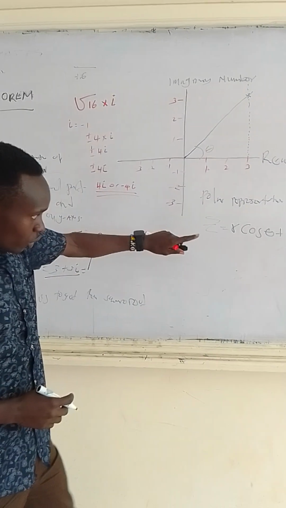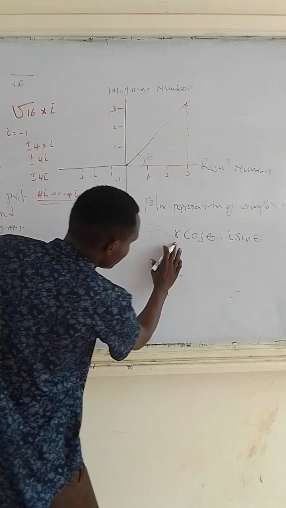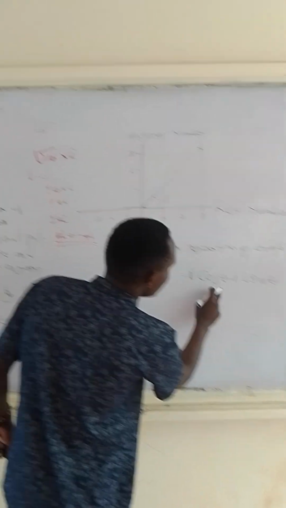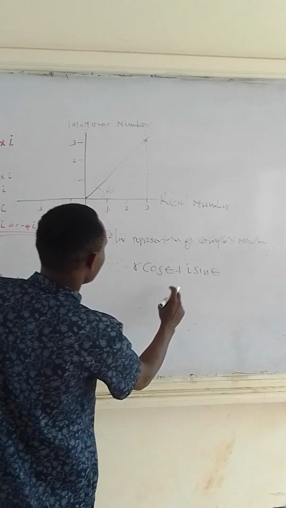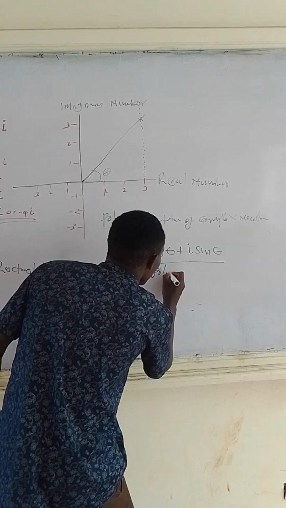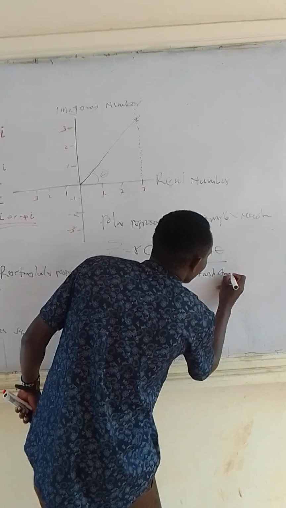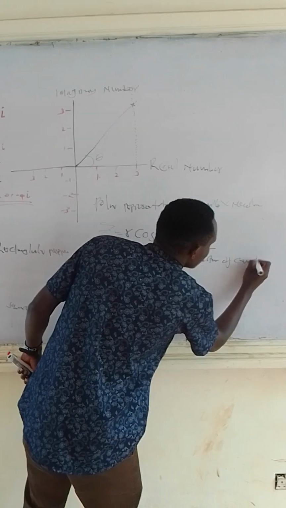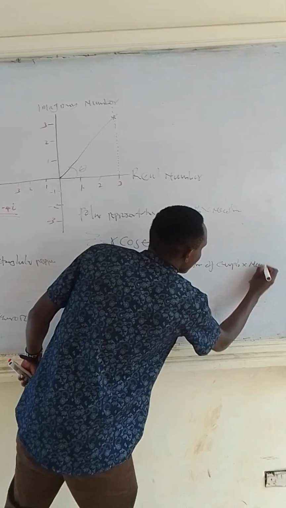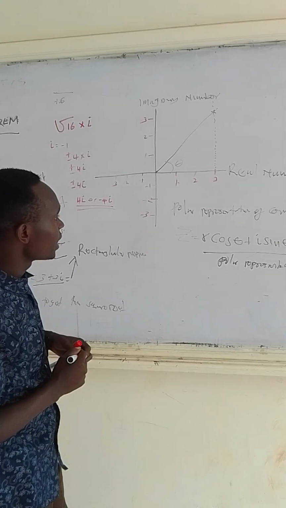You have to note this one. So this one now is the polar representation of a complex number, and I'm going to show you how you can get r and how you can get theta.